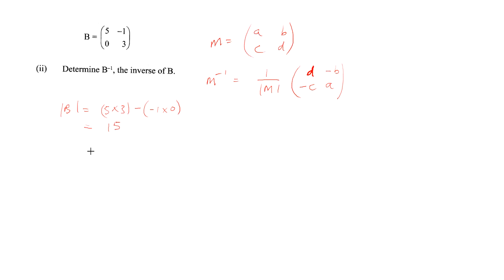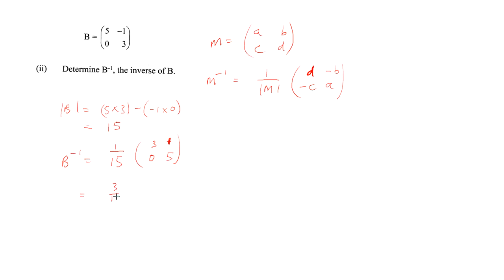All right, so the inverse now will be 1 over 15 by, we're going to swap the positions of the 5 and the 3. So we're going to put 3, 5 here, and we're going to put a minus sign, so this is 1.